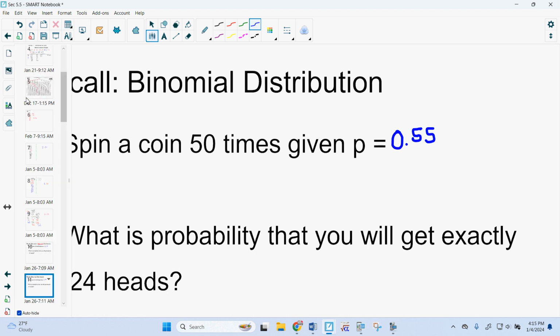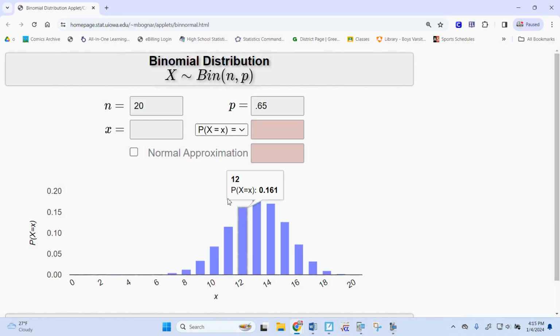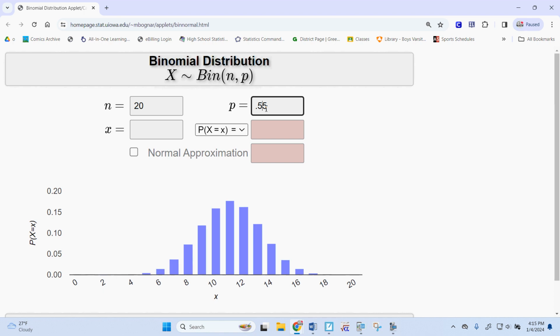But let's say we want to look at something beyond just a set value. Let's say we do 20 times, and let's change this to 0.55.